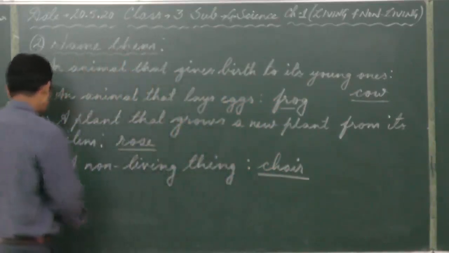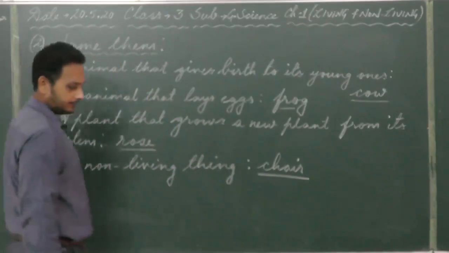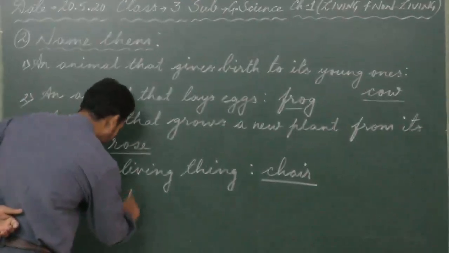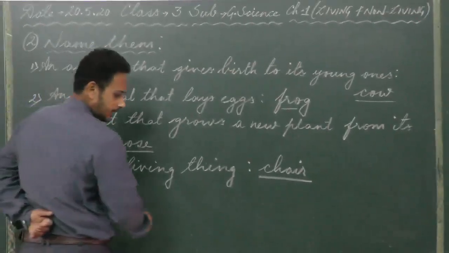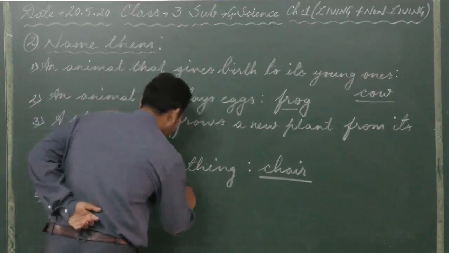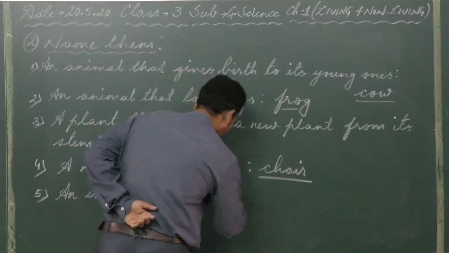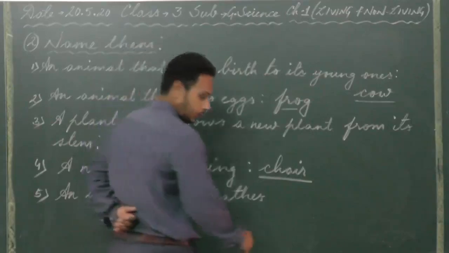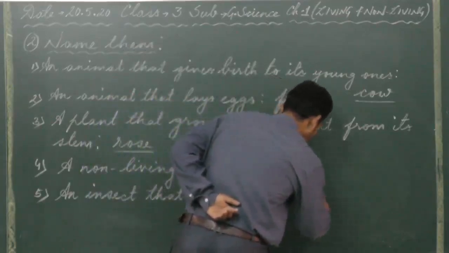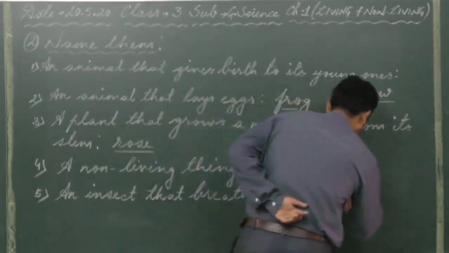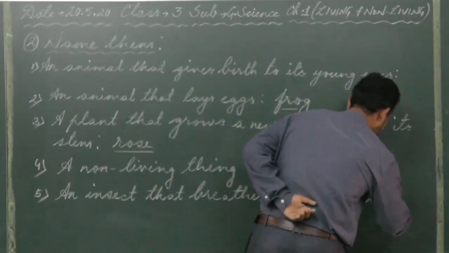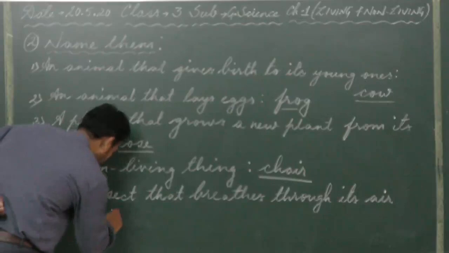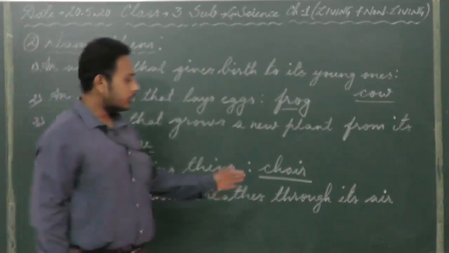Then the last number is 5. An insect that breathes through its air holes.